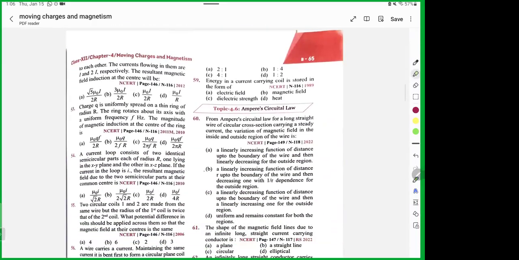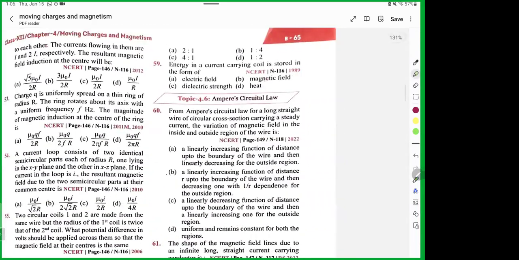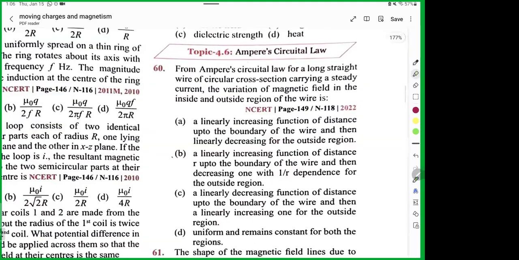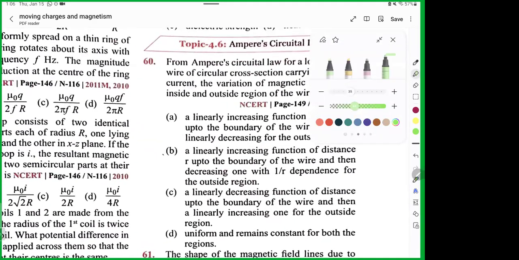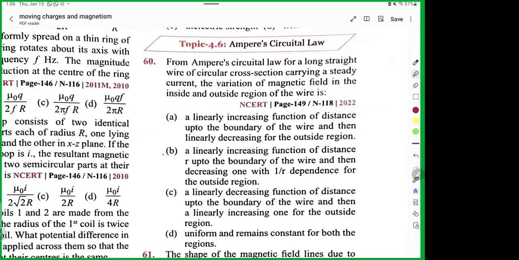Ampere circuital law. Anvita, question number 60. Ampere circuital law for a long straight wire of cross-section area, steady current, variation of the magnetic field inside and outside the wire.